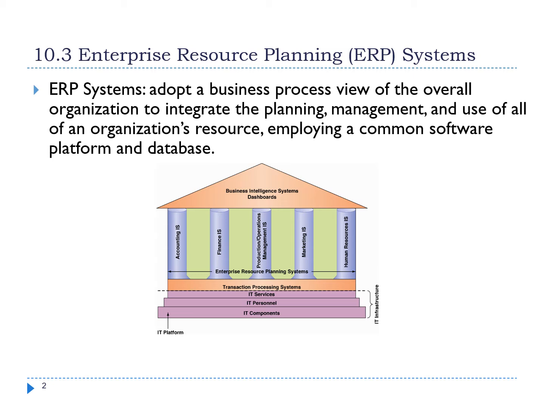ERP systems were originally deployed to facilitate business processes associated with manufacturing, such as raw materials management, inventory control, order entry, and distribution. ERP systems adopt a process view of the overall organization to integrate the planning, management, and use of all of an organization's resources, employing a common software platform and database.